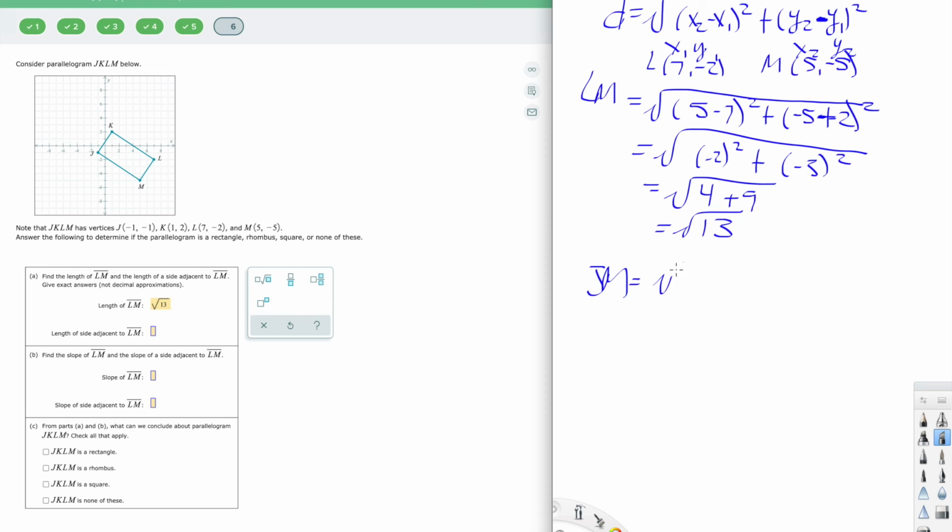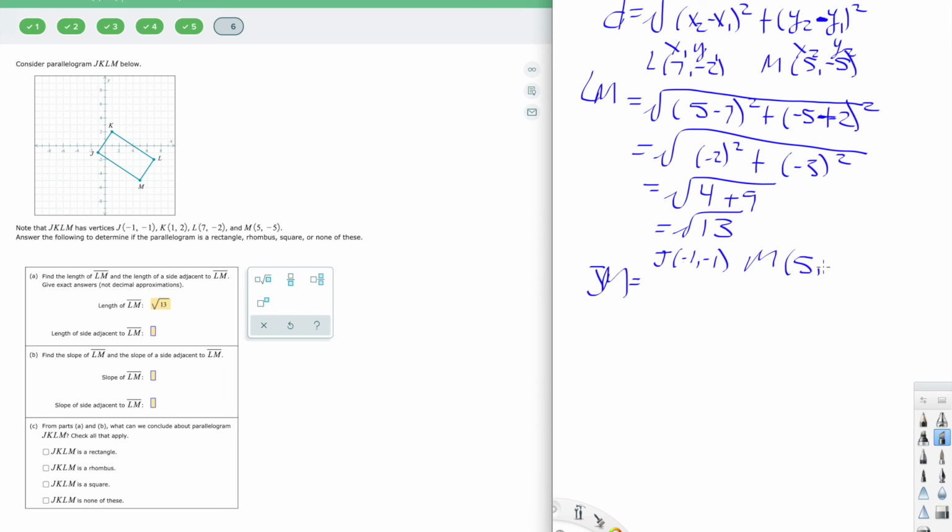So let's see, I just picked JM for this one. It wouldn't matter which one you did, JM or the top one, which is KL. J is 1, negative 1, I wrote that in the wrong spot, scribbled that out, but it was supposed to be there. Negative 1, and then M, 5, negative 5.